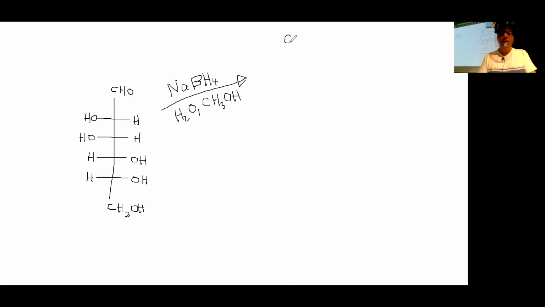In so doing, I would expect that we would get the so-called sugar alcohol, or alditol as it's also called. All of the other OHs will be unaffected.